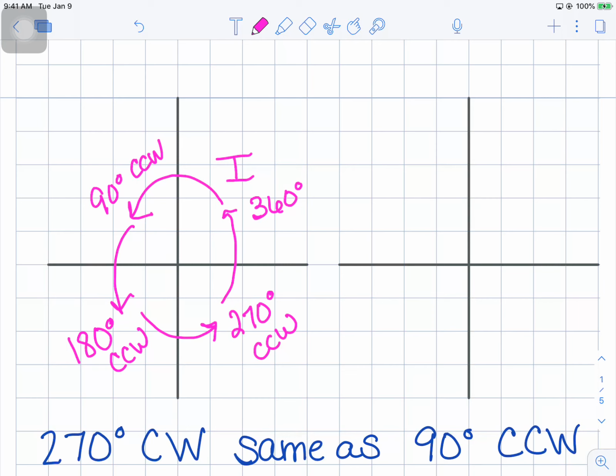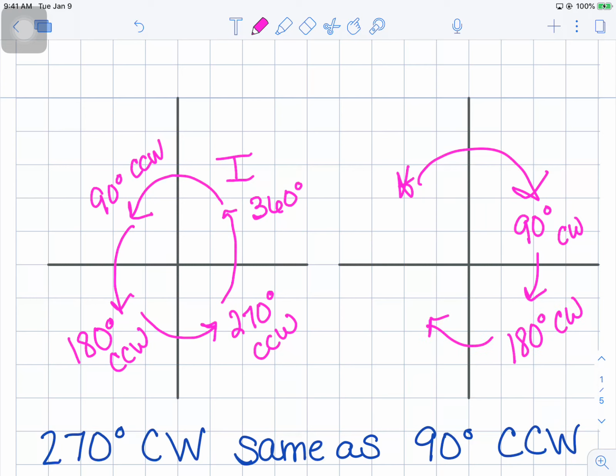Now, if I'm going clockwise, the way the clock rolls, no matter where I start, let's say this time I start here and move this direction one quadrant over, that is 90 degrees clockwise. Then one more is 180 degrees clockwise.